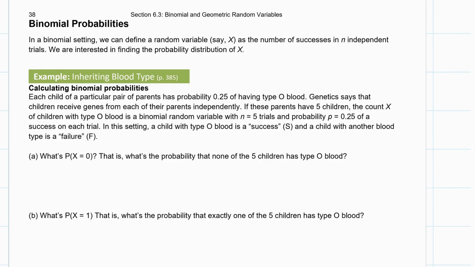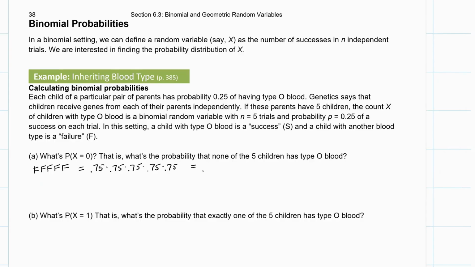Now, what's the probability of zero successes out of the five trials? Well, I'm going to write that down as it's essentially five failures in a row. And the probability of the first failure is 0.75 because the probability of success is 0.25. Probability of failure is 1 minus 0.25, which is 0.75. And the second and the third and the fourth and the fifth, each of them has probability 0.75 because they're all failures.